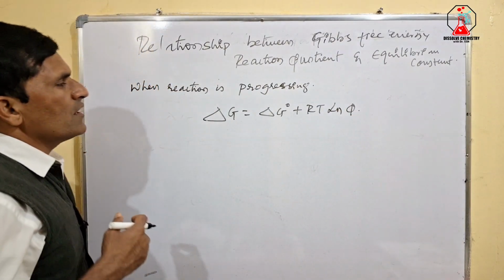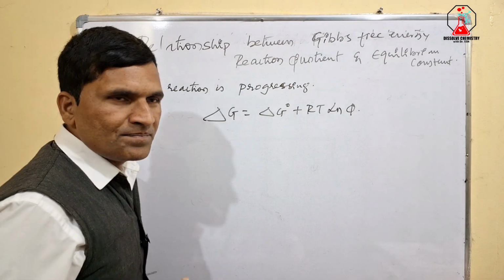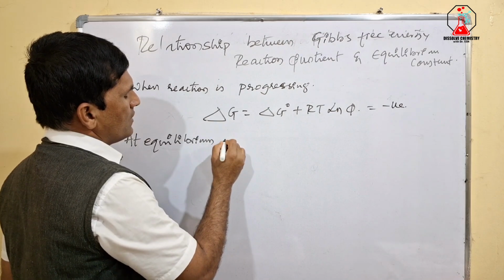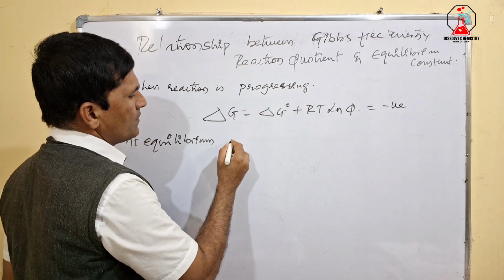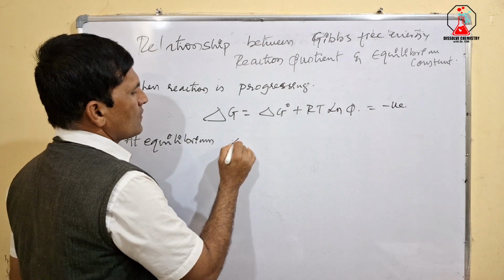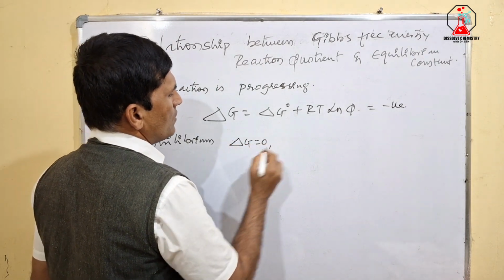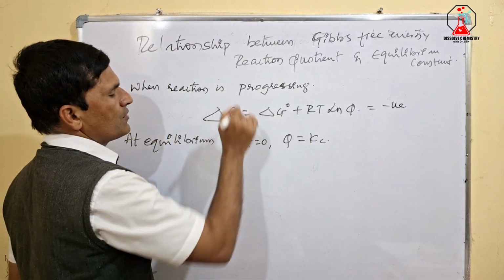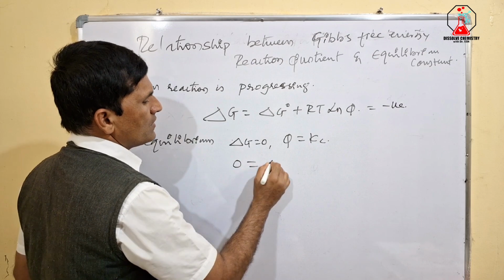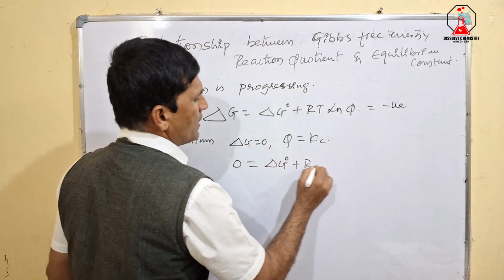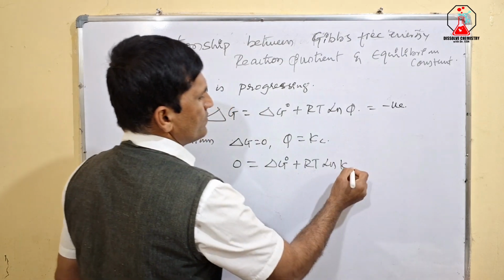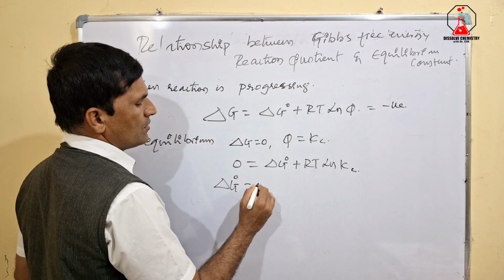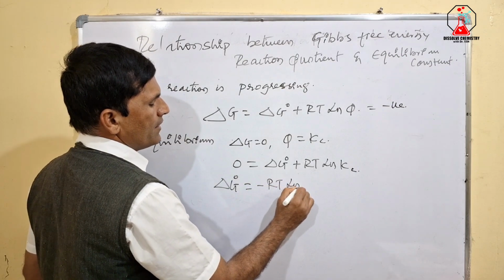Now if it attains equilibrium, at equilibrium delta G is equal to 0 and Q is equal to Kc. So if we substitute this in the equation, we get 0 is equal to delta G naught plus RT ln Kc, or delta G naught is equal to minus RT ln Kc.